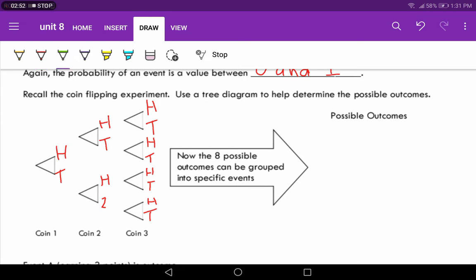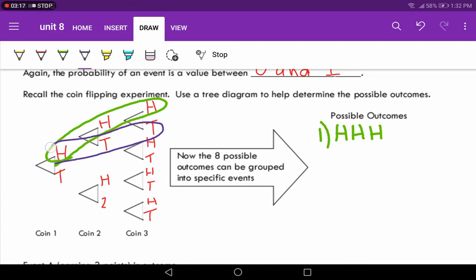Okay, so we are flipping just the coin 3 times. These are just the options. So option 1 is we could get heads each time. Okay, so possible outcomes: heads, heads, and heads. Or we could get heads, tails, tails.